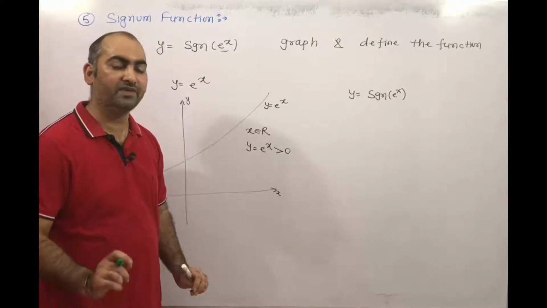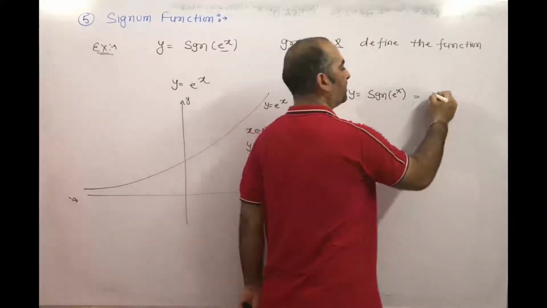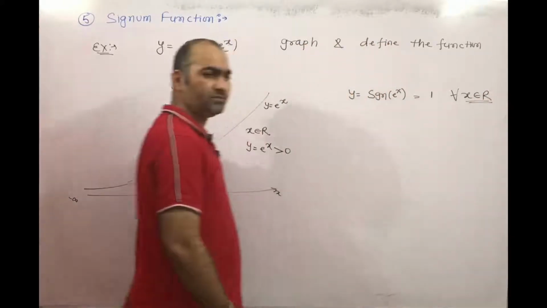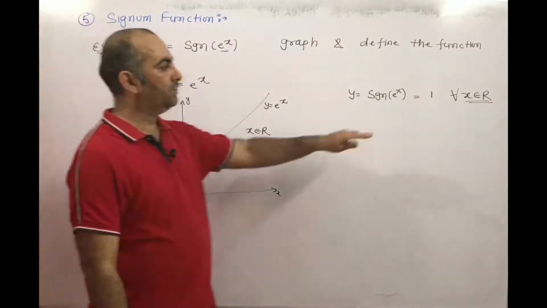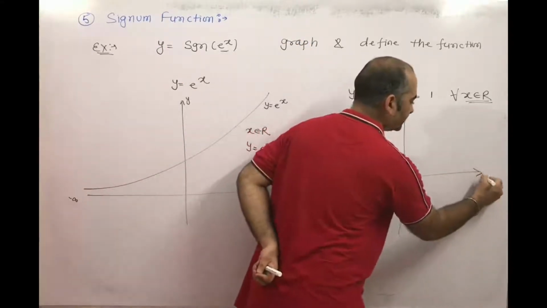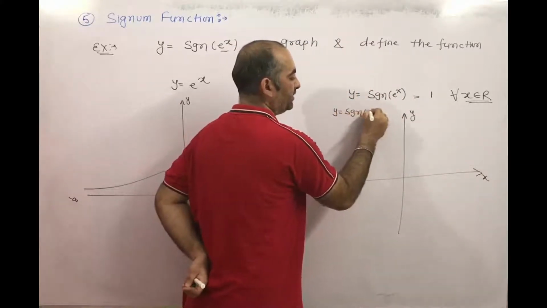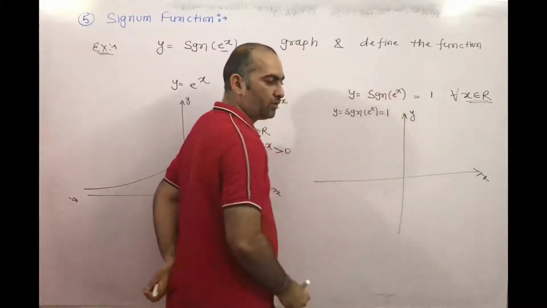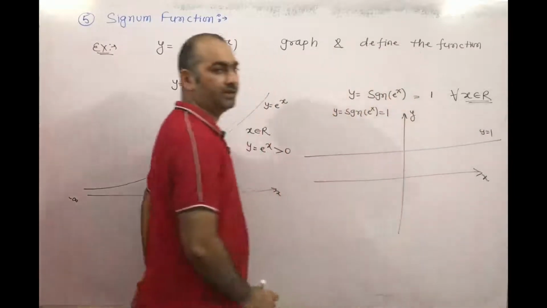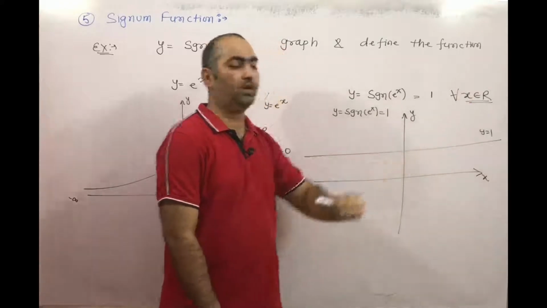So this will come out as 1 for x belongs to R. So what graph will come? y equal to 1 for x belongs to R. This is the x axis, this is the y axis. y equal to signum of e power x is 1 for all x belongs to R, so we get the line y equal to 1. This is the graph. And the function is defined as y equal to Sgn of e power x equal to 1 for all x belongs to R.